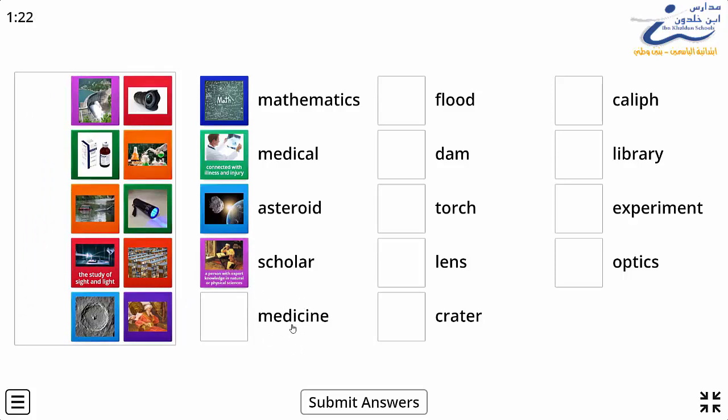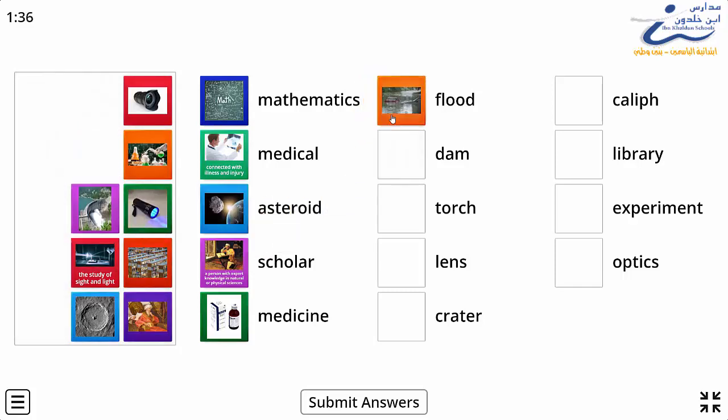The next word, medicine. Great. Medicine. Flood. Dam. This is a dam. Torch.